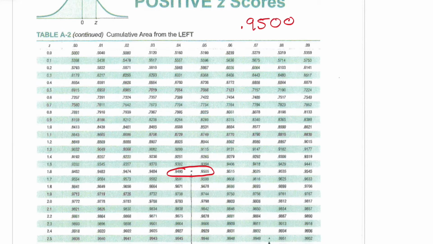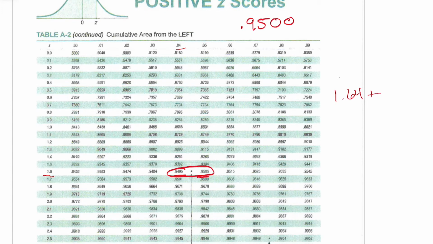I have two values that are equally far away. What I will do is I will find the mean of their corresponding z-scores. So the z-score that corresponds to 0.9495 is going to be 1.64.